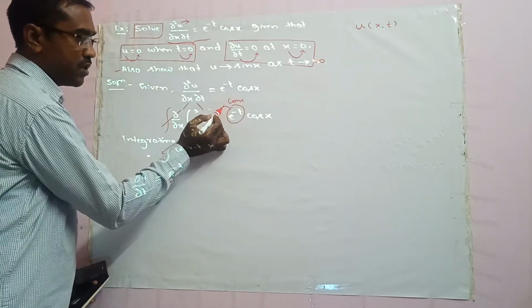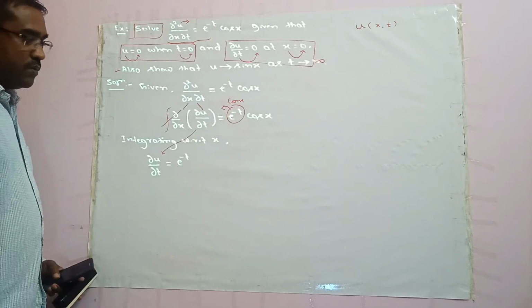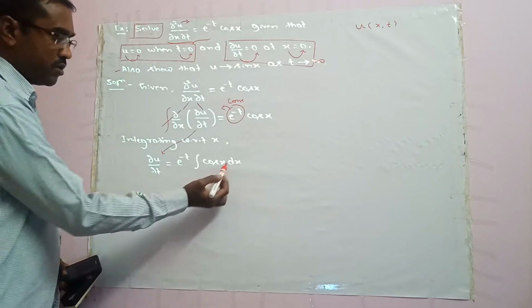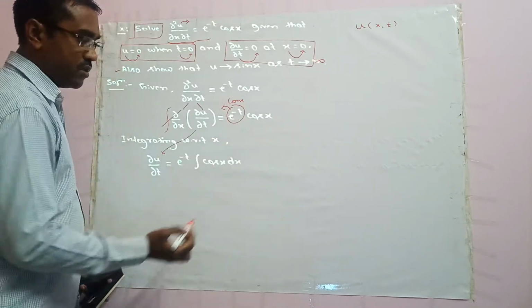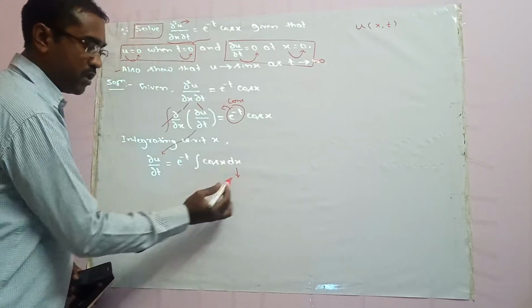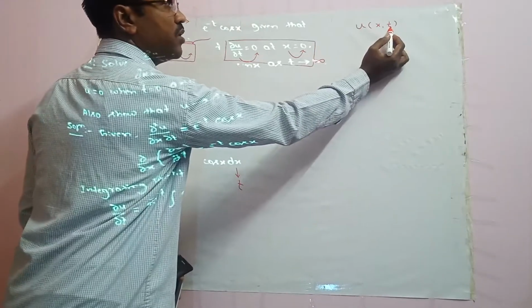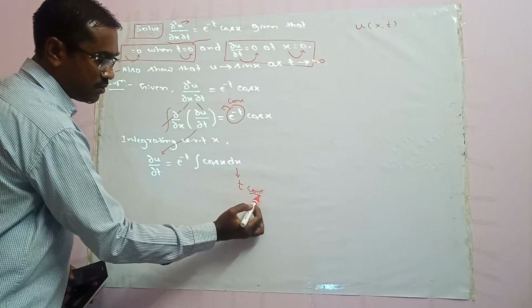So let us keep this e to the power minus t outside and integrate cos x. Integrate cos x with respect to dx. And what about the integration constant? Since we are integrating with respect to x, the other variable, that is t, will be taken as constant.